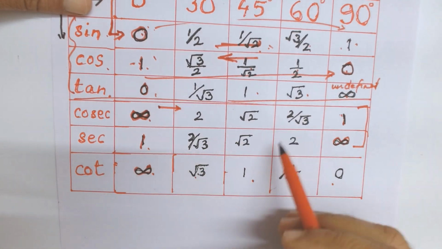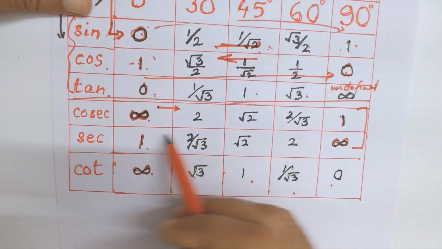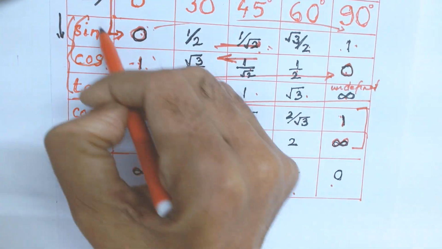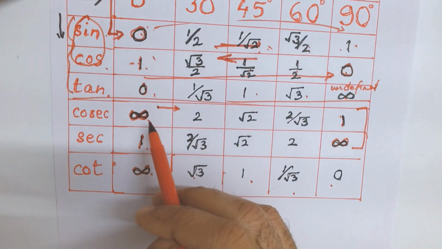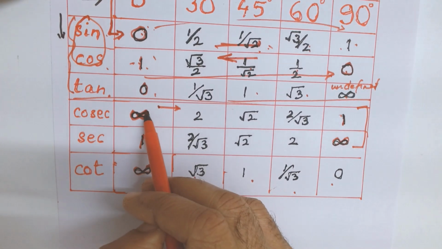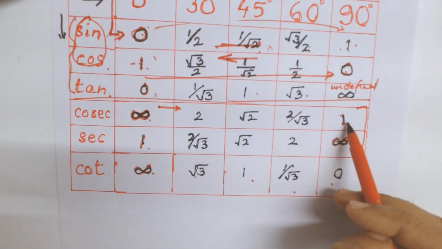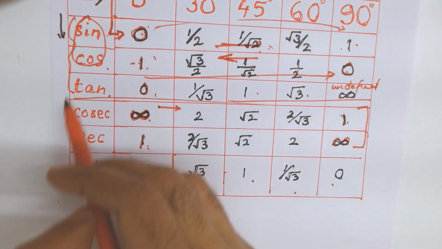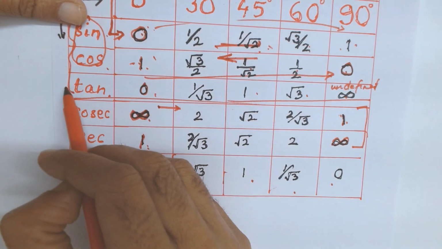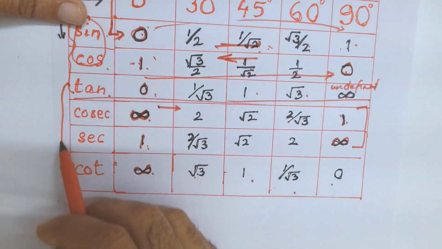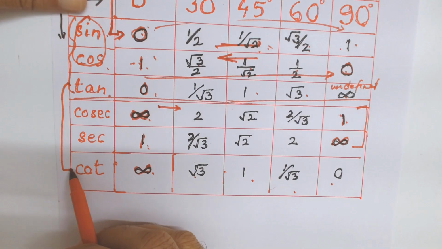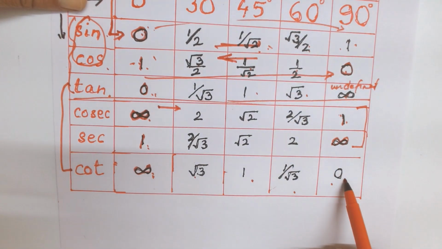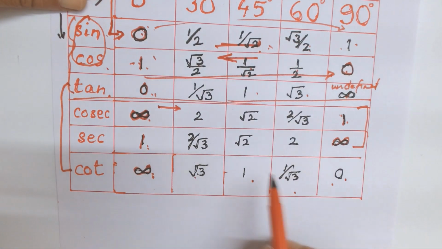This is only increase and decrease. It is not reverse. Reverse only is for sine and cos. What I'm telling you right now is one is from infinity to 1 and the other is from 1 to infinity, right? Same way tan and cot. You find a pattern here, tan and cot. Tan is 0 to infinity, cot is infinity to 0. So just keep these patterns in mind.